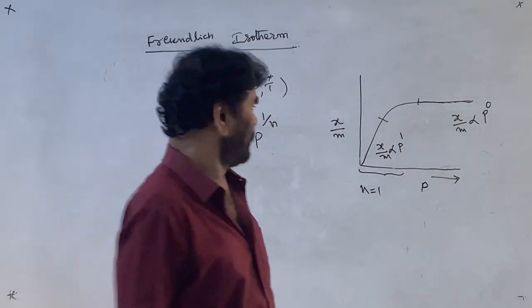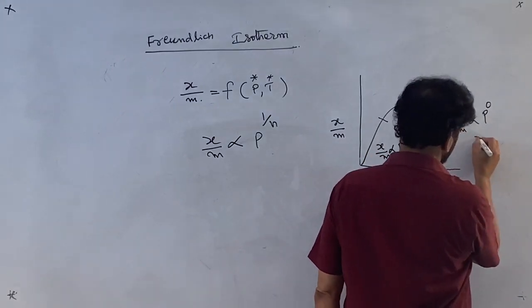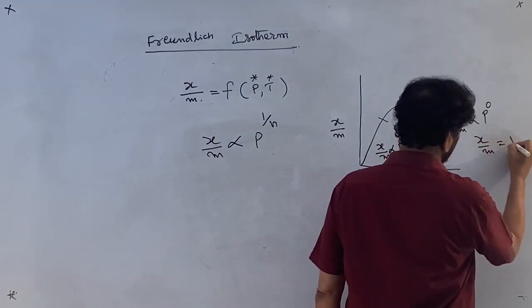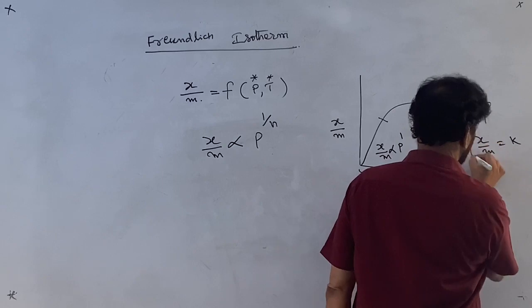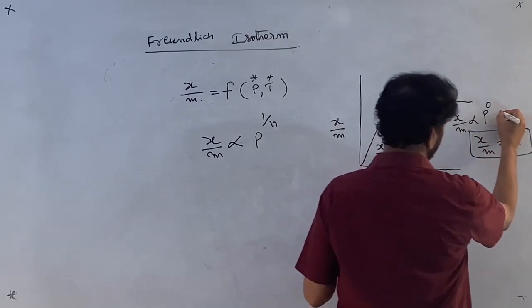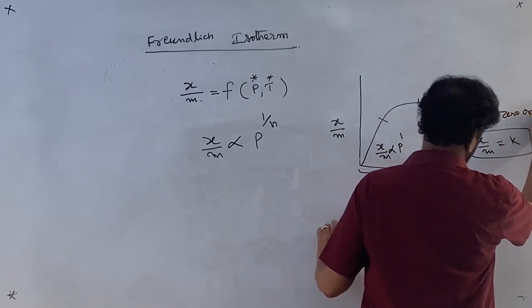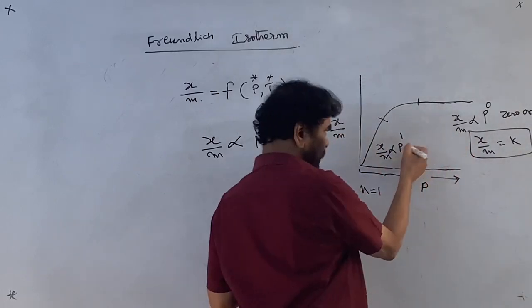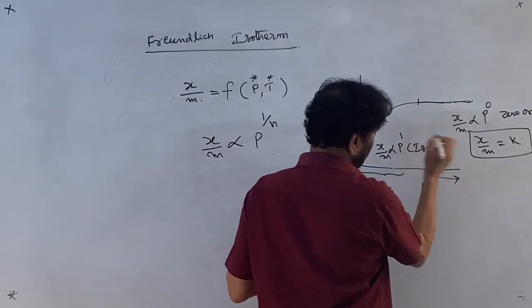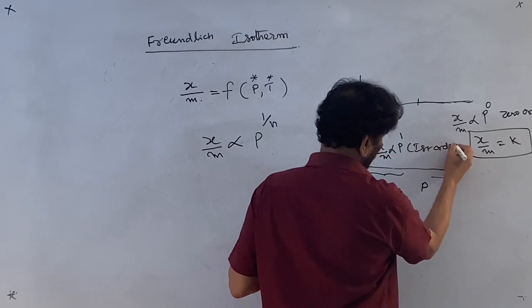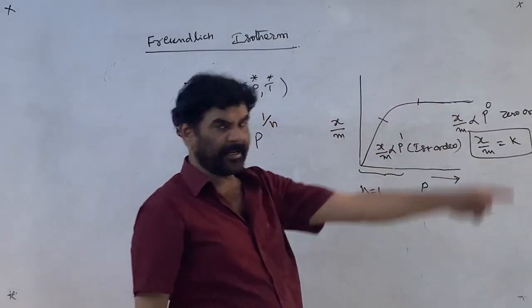This is constant, that is x by m is equal to k p to the power of 0. So here it is obeying the zero order kinetics. And in the earlier region it is obeying the first order relation.